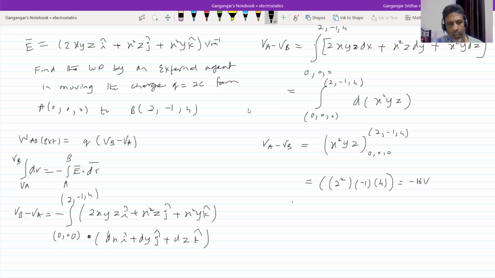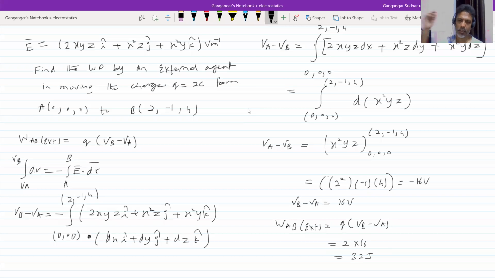So VAB, no, we wanted VBA. So substitute that. Work done by an external agent in moving a charged particle is Q into VBA, 2 into 16. This should be 32 joule.